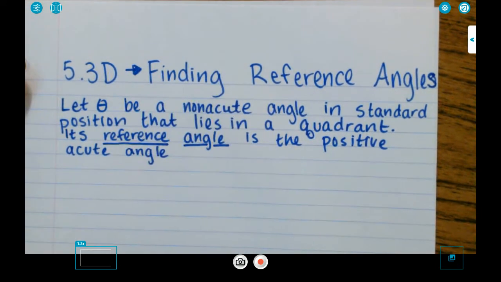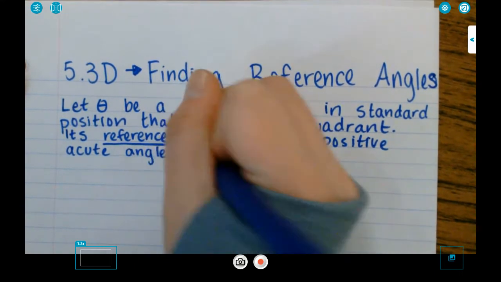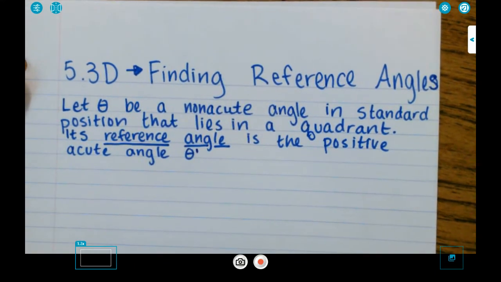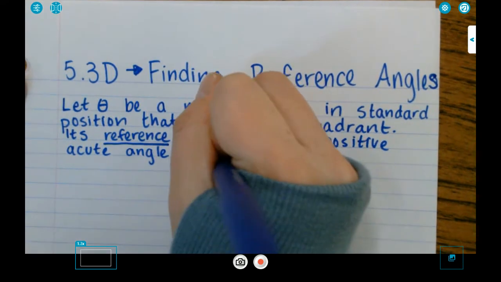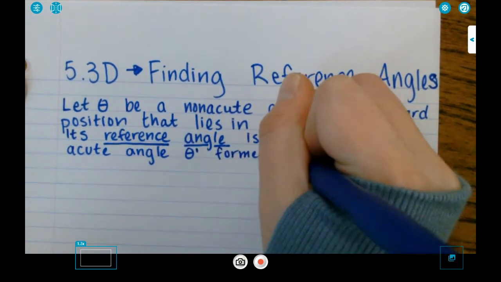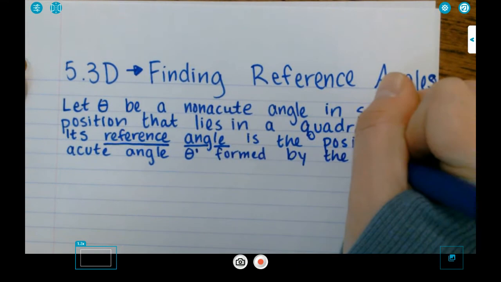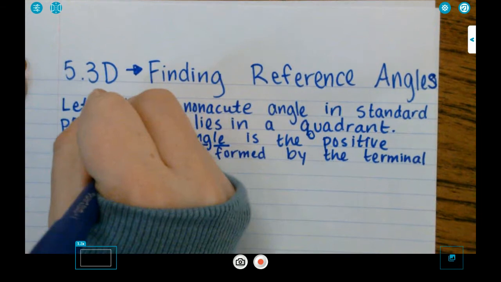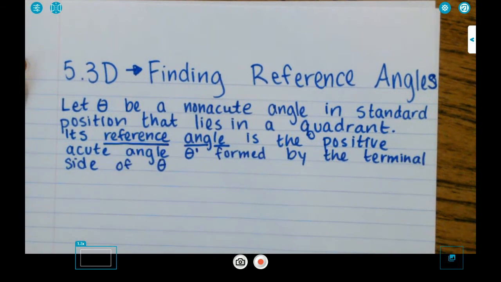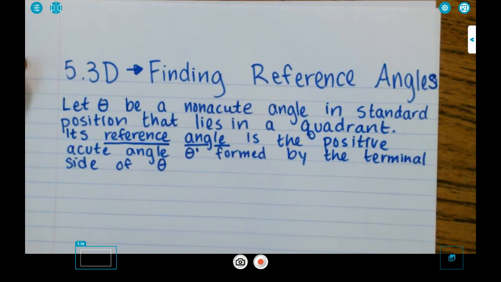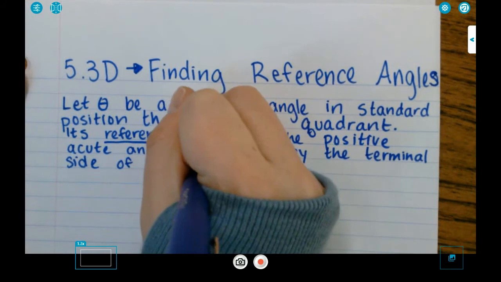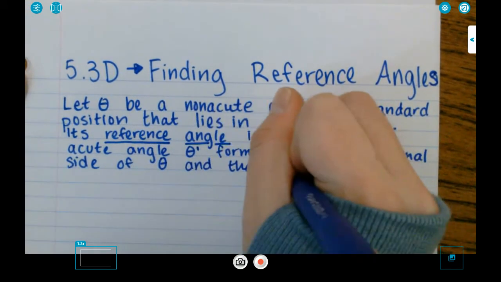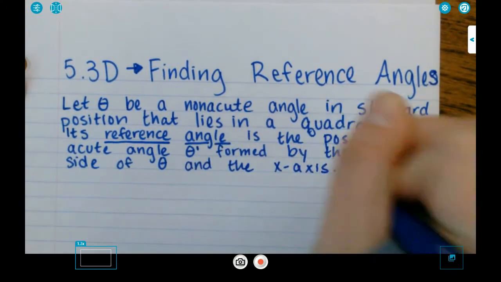And then we are going to label this angle theta prime. So that's going to be a theta with an apostrophe. Theta prime formed by the terminal side of theta and the x-axis. That is your definition of a reference angle.